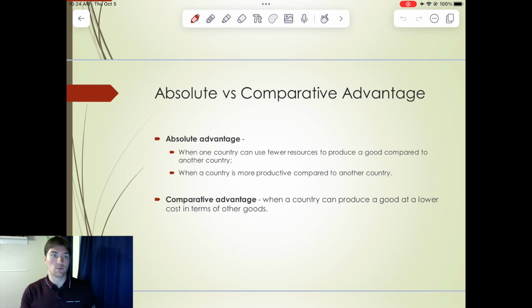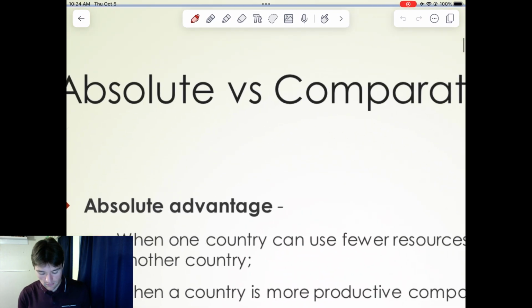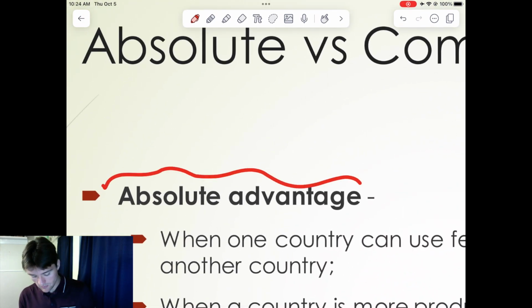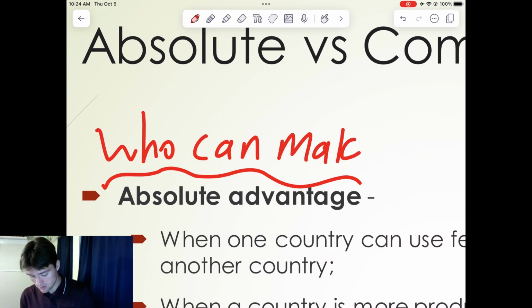So, for instance, if we're going to compare United States versus Panama, United States is much larger, so they can produce more corn than Panama can, just because of land size. So the United States would have an absolute advantage in corn over Panama for just having more resources. So absolute advantage is basically who can make more.